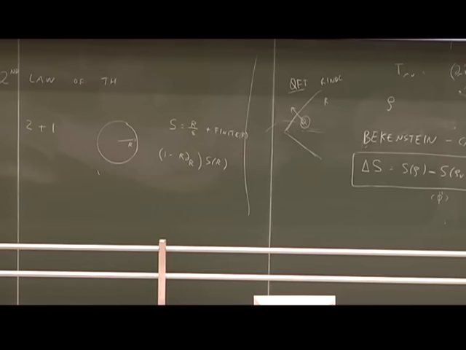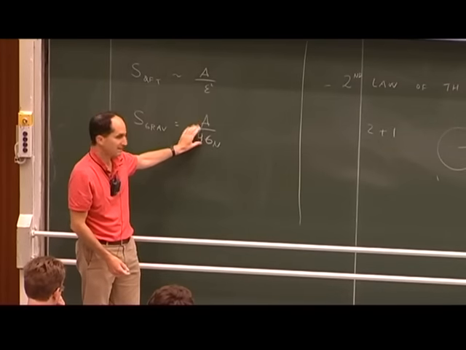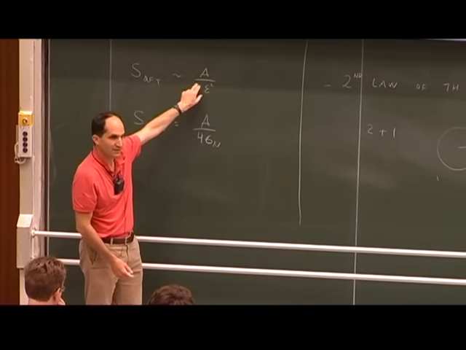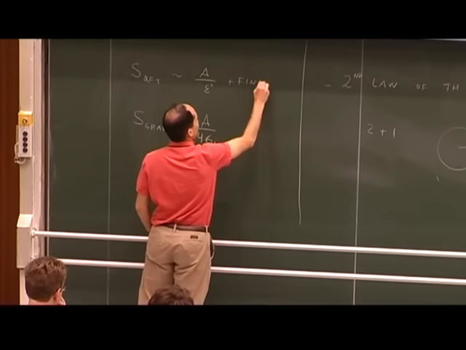The gravitational entropy is the leading contribution, and the field theory entropy is a correction to it. So if you want to compute the entropy of an actual black hole, you would get the wrong answer if you only include this piece. To get the correct answer, you should take this piece and add whatever you get from this piece. Of course, it's the finite piece which is important.